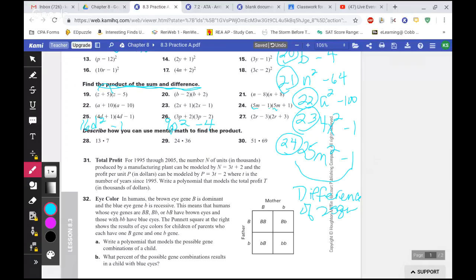Have you done that one yet? I haven't done 27 yet. Okay. Four R squared minus 3 minus 9. Minus 9. Yep. Perfect. Good job.